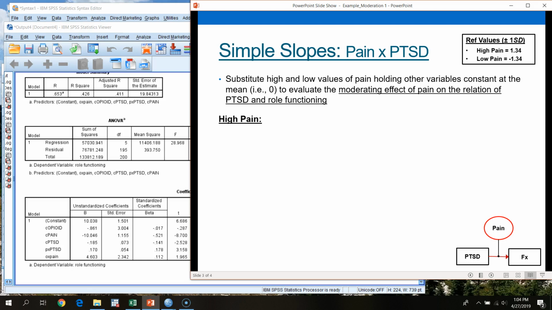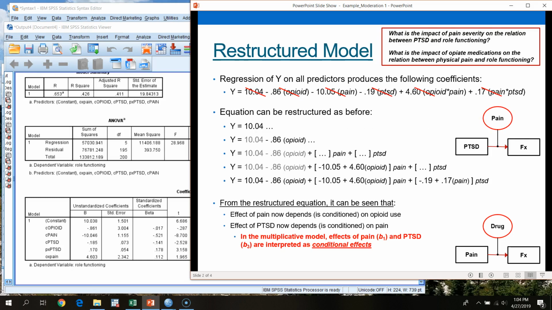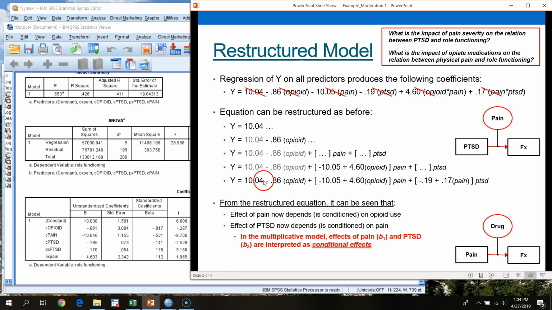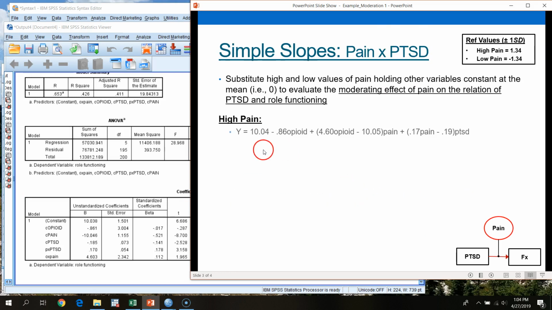So if I start with high pain here, and this is just my restructured equation right here, I'll take this restructured equation and drop it down here: my intercept, my effect of opiate use, my conditional effect of pain, and my conditional effect of PTSD. But here, what we're interested in is the conditional effect of PTSD given high and low levels of pain.